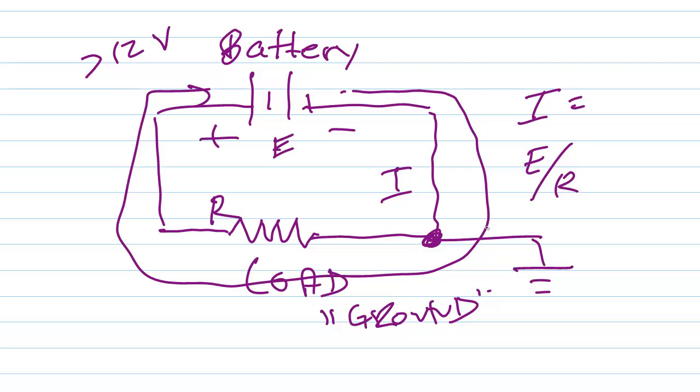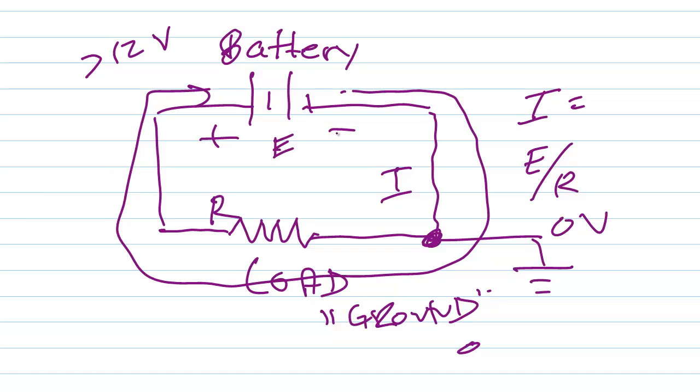The only reason that you want to ground that is as a reference voltage, so you can call this voltage here at the ground 0 volts with respect to ground. So you have a reference point with which to measure voltage.